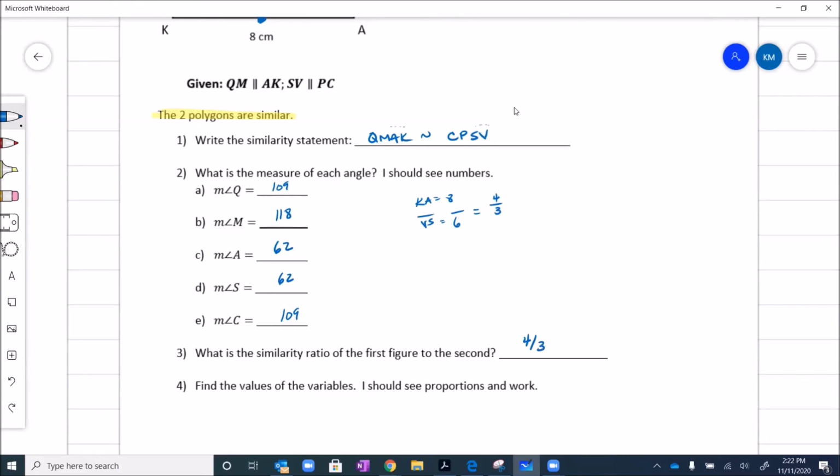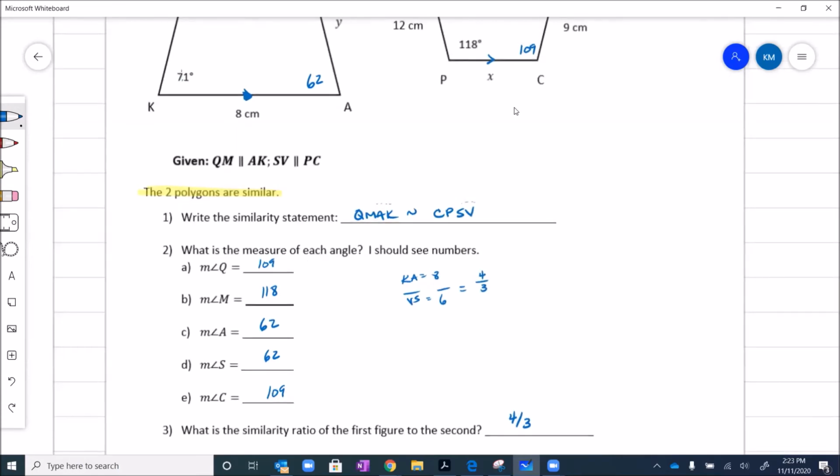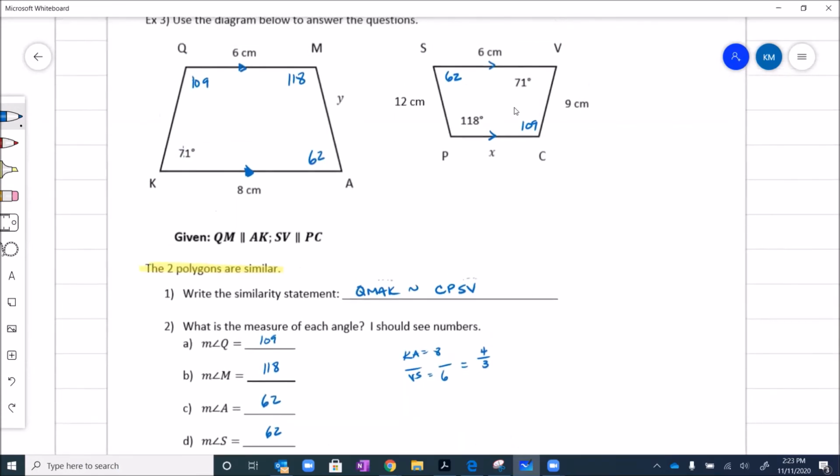So 4:3. Now it says find the values of the variables. I should see proportions and work. And this is how you'll get that done. Since I know this similarity ratio is 4/3, then what I'm going to do is say, well, this should be the ratio between any two sides. It's important for me to realize that I went from left to right, so I'm just going to call this the left one and this is the right one.